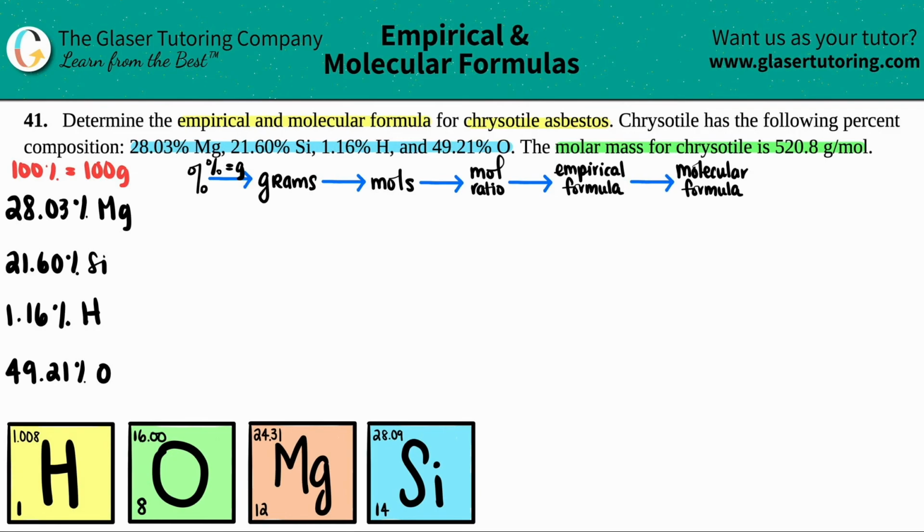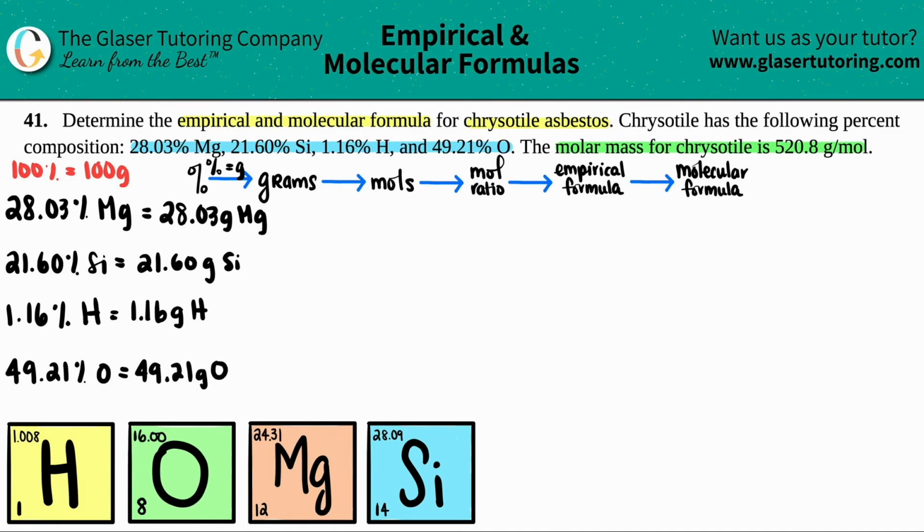So I can just say, I don't have 28.03%, I have 28.03 grams of magnesium. Easy as that. I have 21.60 grams of silicon, 1.16 grams of hydrogen, and 49.21 grams of oxygen. Okay, first step done.